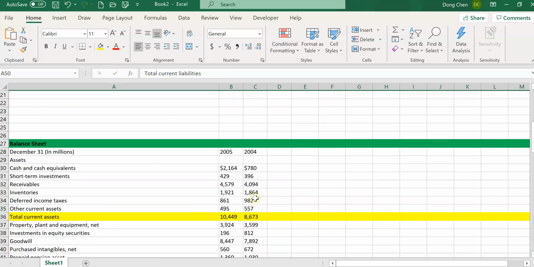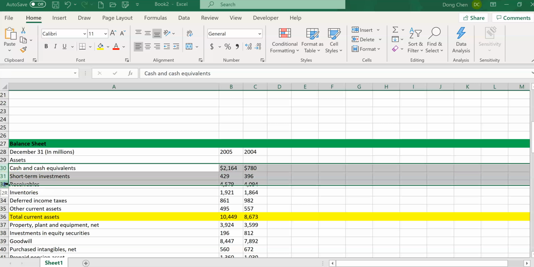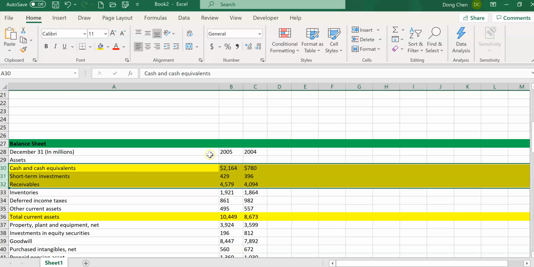And later on, when I calculate the quick ratio, because quick ratio is cash and cash equivalents, short-term investments, and receivables, right? The sum of the 3, and then divided by the total current liabilities. So I'm gonna highlight these 3 in yellow as well.